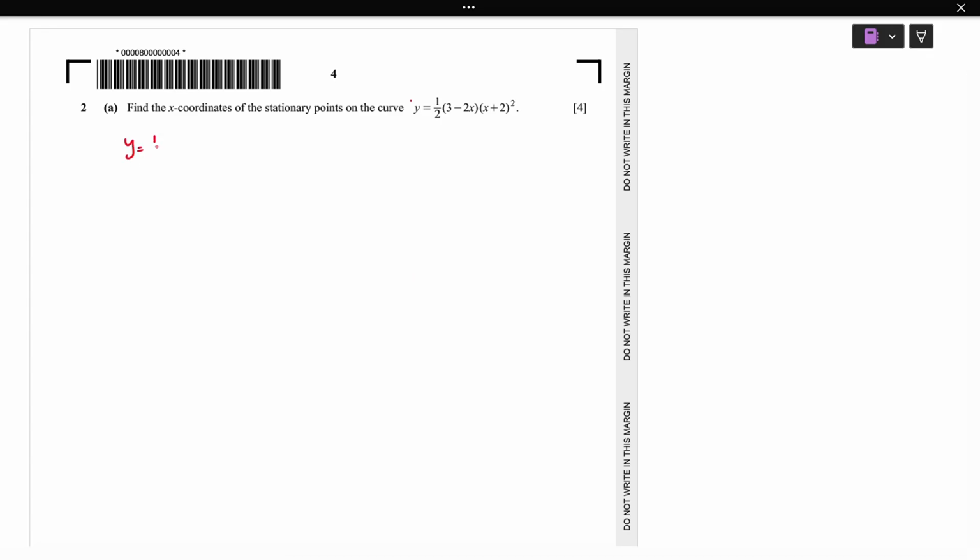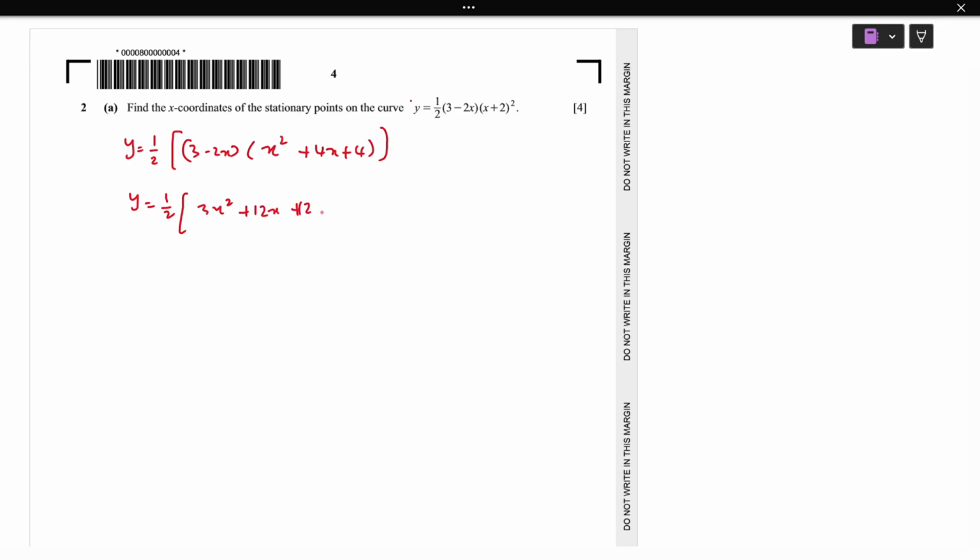Y equal to 1 by 2 into 3 minus 2x into, so here x plus 2 times x plus 2, when we multiply we'll get x square plus 4x plus 4. Okay, next again I will expand, which is 3 times everything, so 3x square plus 12x plus 12.